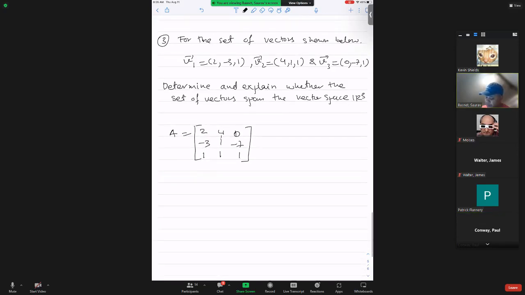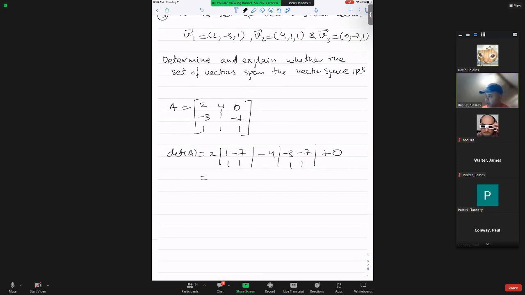So let's find the determinant of this. 2 times (1, -7, 1, 1), minus 4 times (-3, -7, 1, 1), and plus 0. It's 0, we don't even have to do it. So if we solve this, it will be 2 times 1 times 1 plus 8, minus plus 7, minus 4.